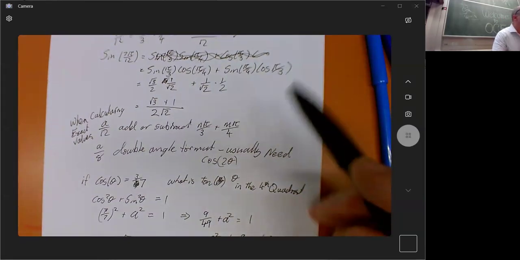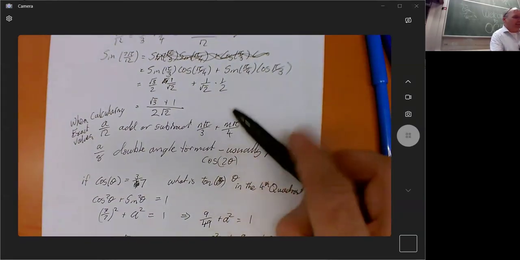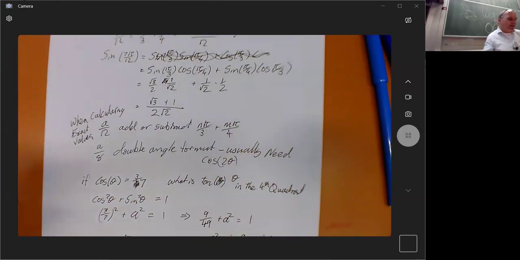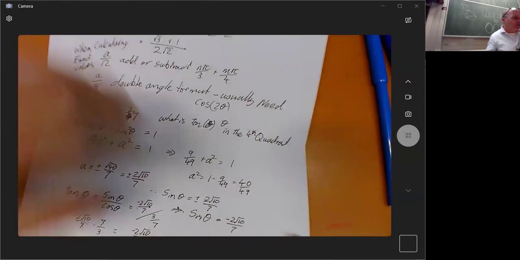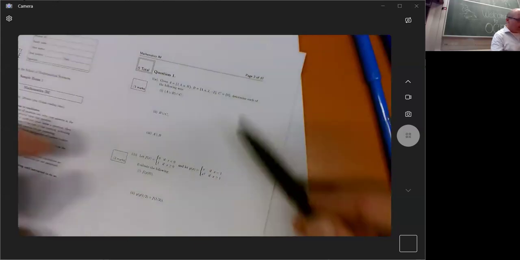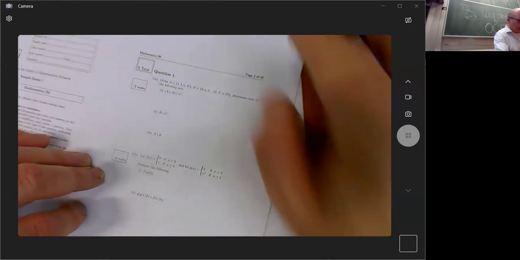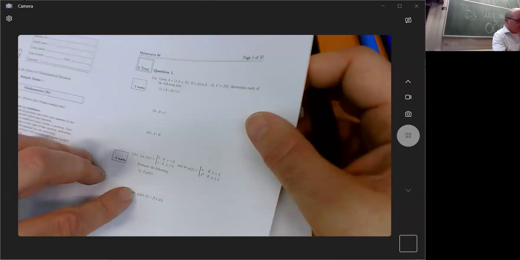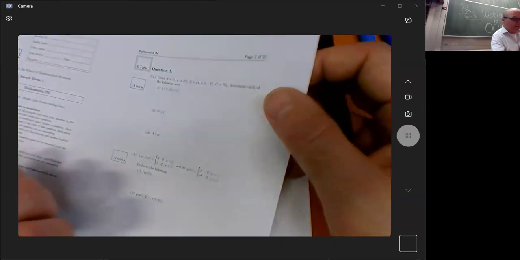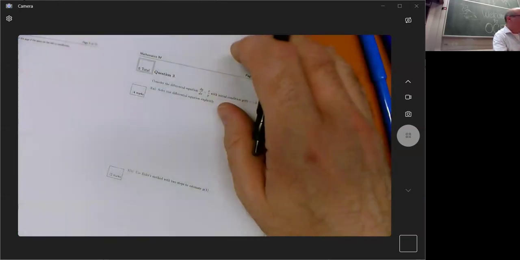So maybe what we'll do, we'll pause for a second and have a quick flick through the exam to see what the type of things they were asking in the sample exam. Piecewise defined functions with composition, I might come back to something like that in a bit because I think that was on the list.